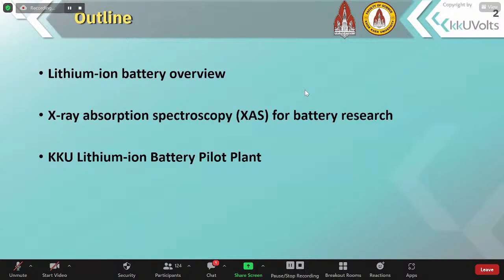The next part is X-ray absorption spectroscopy for battery research. I will talk about our research related to X-ray absorption spectroscopy investigations. Finally, I would like to introduce you to the Khon Kaen University lithium-ion battery pilot plant.